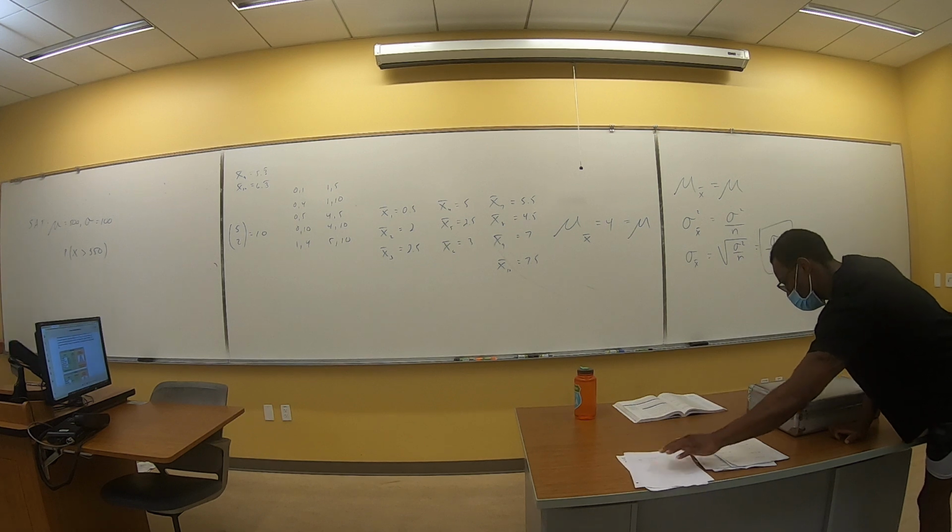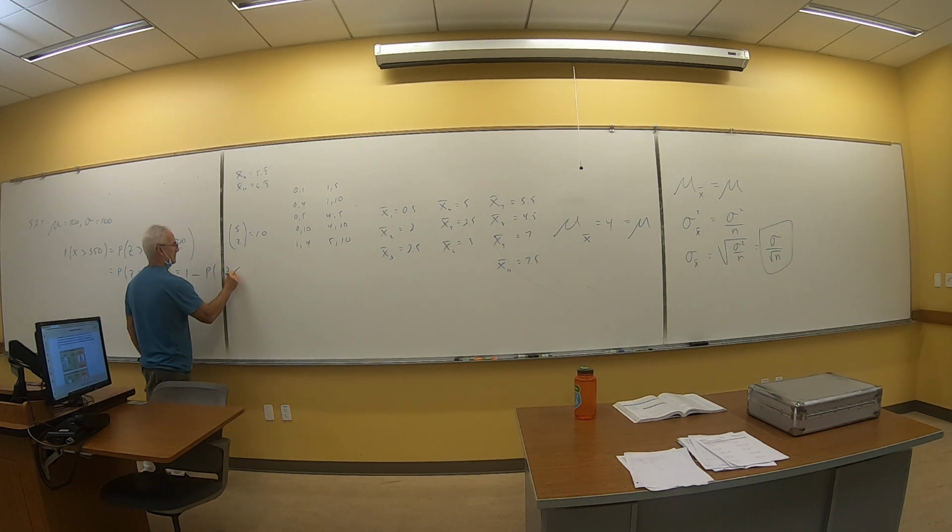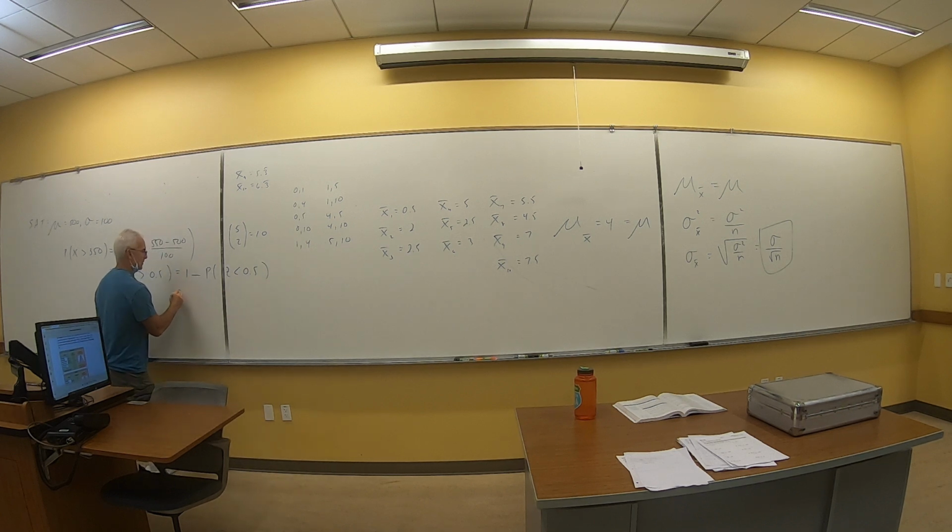Okay, well, I need to convert this to a z-score. Agreed? So how do I do that? 550 minus 500 over 100. You guys all have your Z tables on you, I hope? 550 minus 500 over 100, that's 0.5 exactly. Since it's a greater than, what do I need to do? 1 minus. Okay, and what do we get?